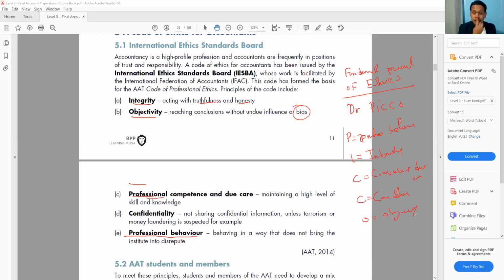So if we remember Dr. Pico, it will help us remember these fundamental principles of ethics.